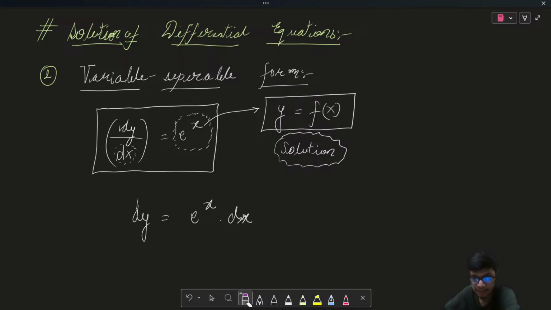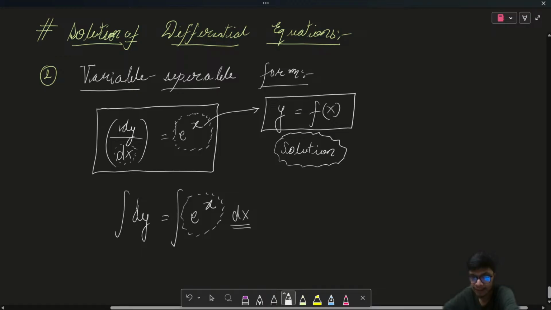I am clubbing the derivative term dx with the function of x, right? So now if I integrate both sides, we have the integrands, and we can perform the integration very easily.